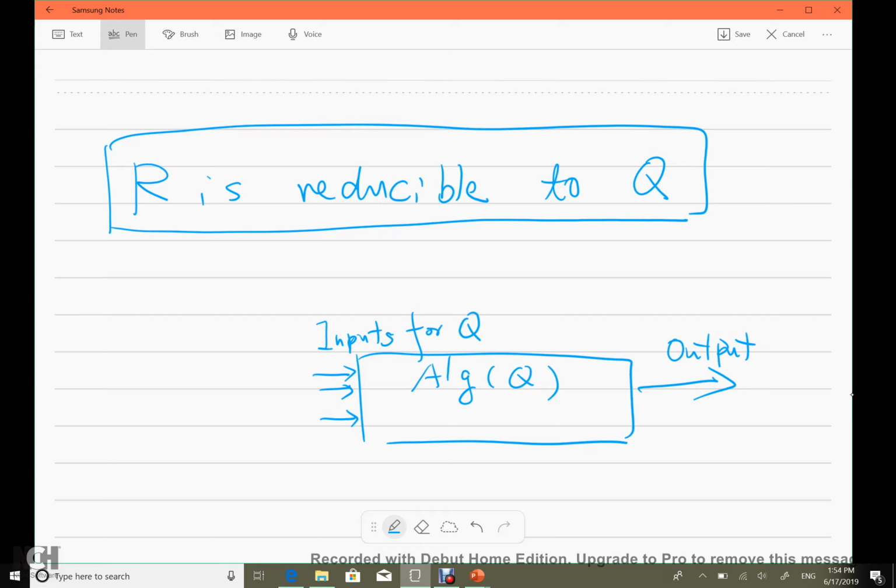Now we say R is reduced to Q, corresponding to, we know a polynomial algorithm.